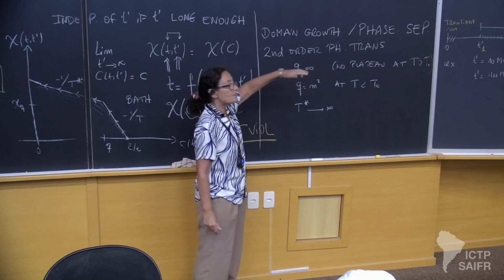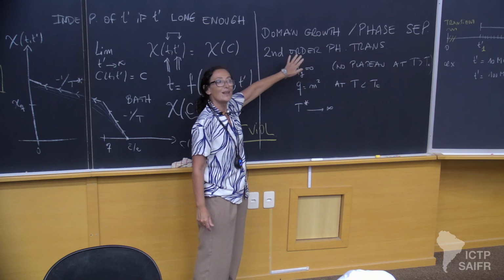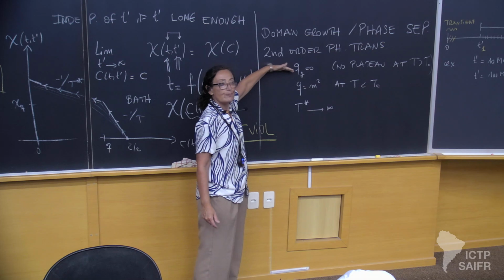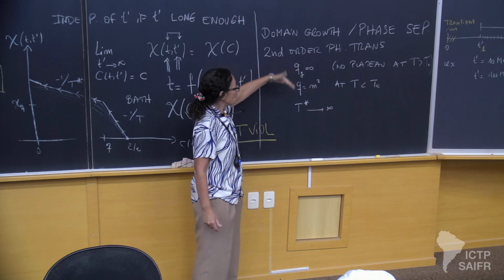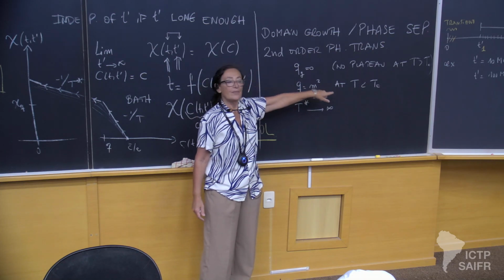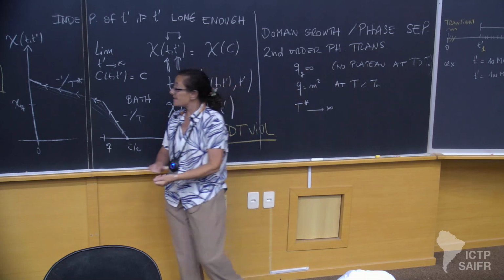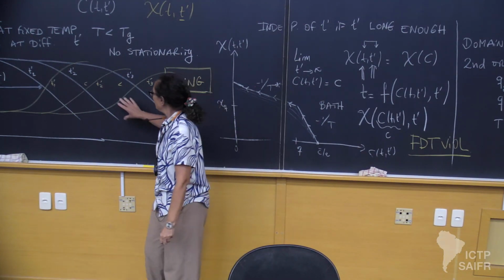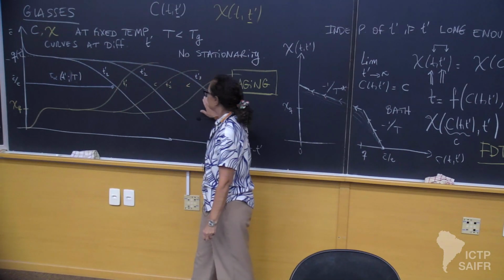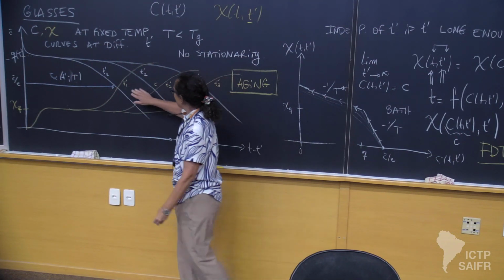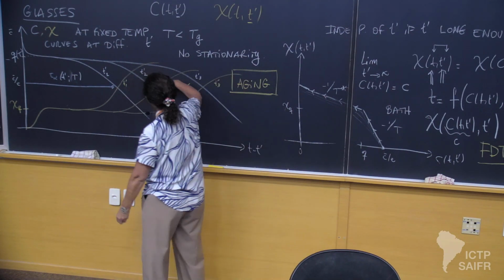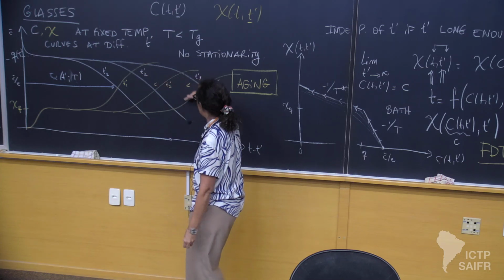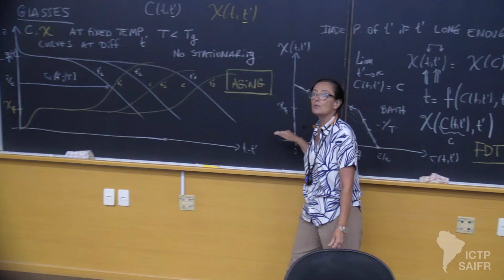You can cook up problems which undergo domain growth and have first order phase transitions, but the more usual ones don't. But now if you quench below TG, then what happens is that you have something exactly like this, only that the linear response is much weaker. So what we will have is something like this, but then the second curves, the second and the third, will be lower and lower until eventually they will disappear.